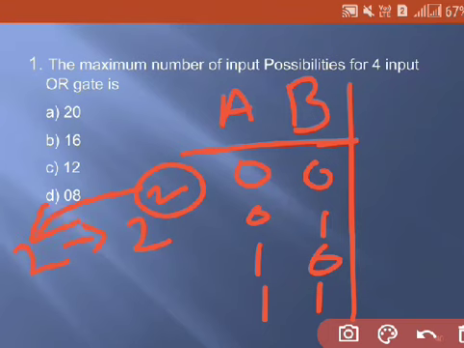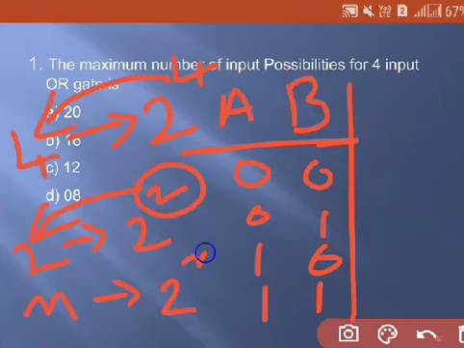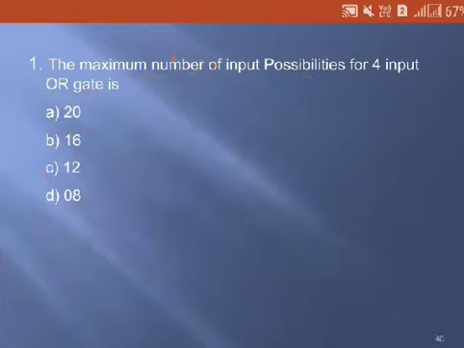So for 2 inputs you get 2 squared combinations. Similarly, for 4 inputs you will be getting 2 to the power of 4 combinations. For n inputs you will be getting 2 to the power of n combinations. Since the question asks the maximum number of input possibilities for a 4 input OR gate, it will be 2 to the power of 4, that is 16.